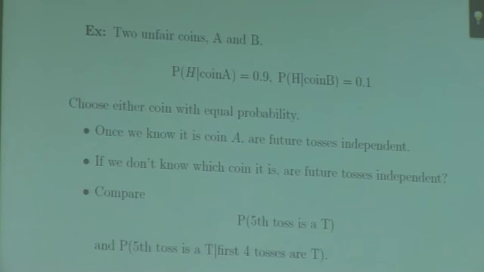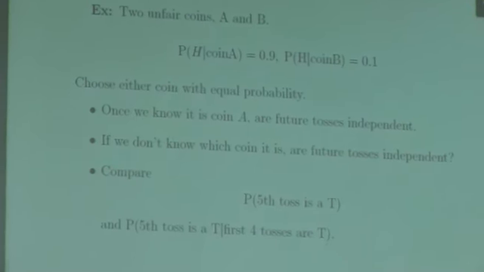Question is, once you know it is coin A, are future tosses independent of each other? Yes. In fact, by definition of the problem. Once you pick coin A, each toss is independent. Once you know it is coin A, each toss independently results in heads with probability 0.9.